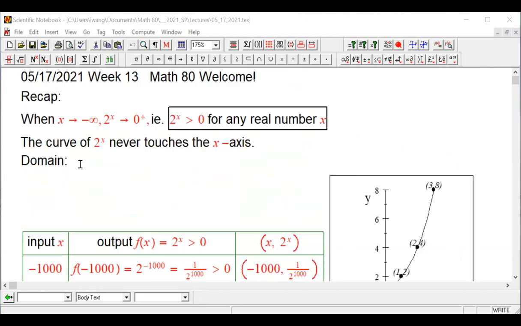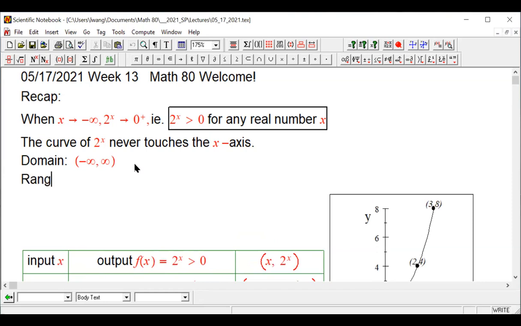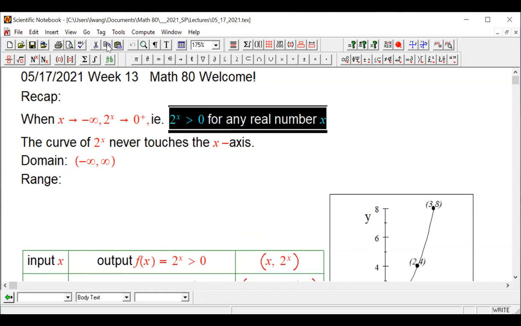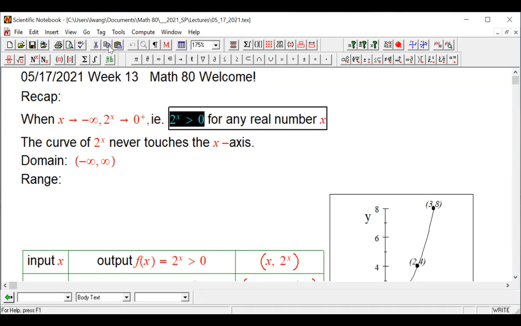So the domain for this function is all real numbers. And the range, which is the vertical span of the curve, is that 2 to the power of x is larger than 0 for any real number.